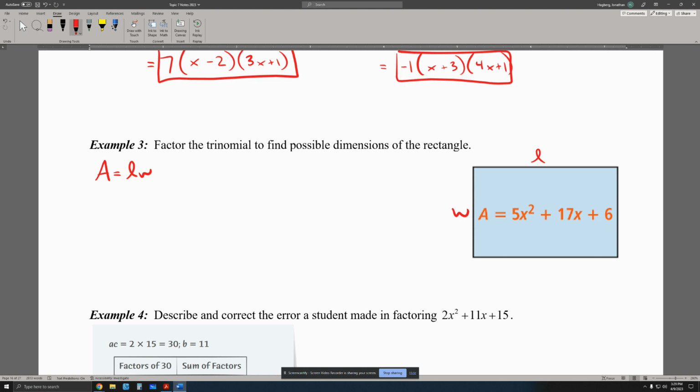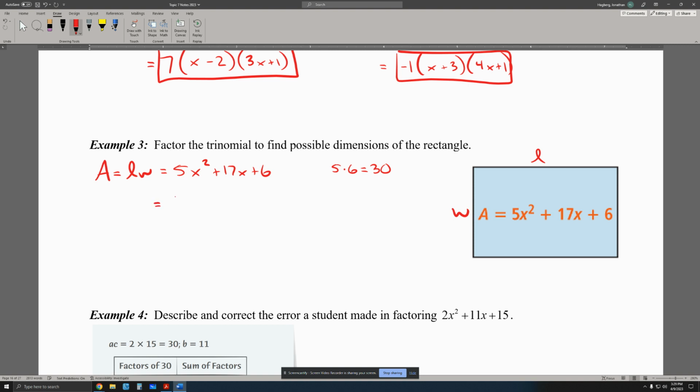All right, so we're going to factor this trinomial here. I'm going to write this as equal to 5x squared plus 17x plus 6. Factors of 5 times 6, so factors of 30, that add to 17. The answer, 15 and 2.